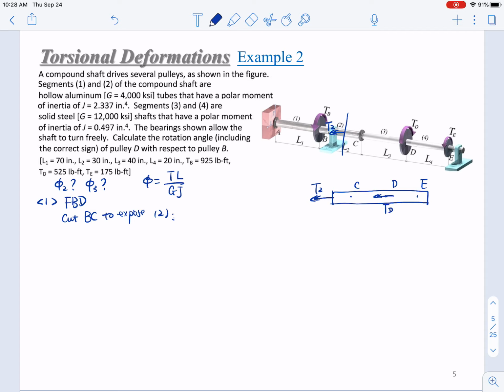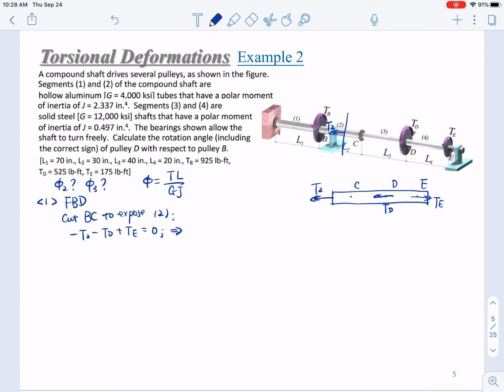This is TD, and TE is pointing right. So we get an equilibrium equation: negative T2 minus TD plus TE equals 0.